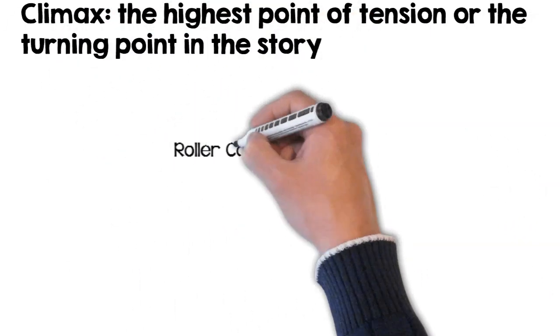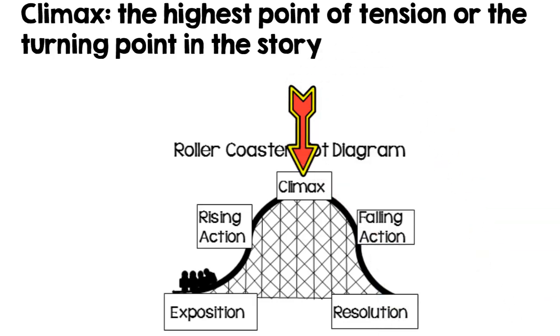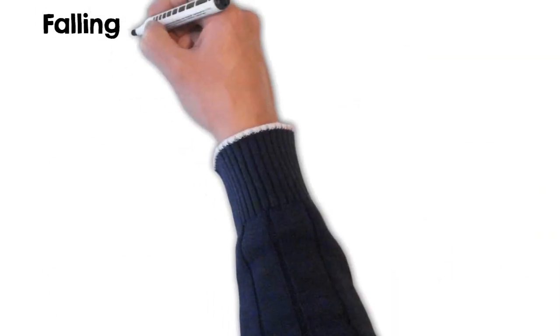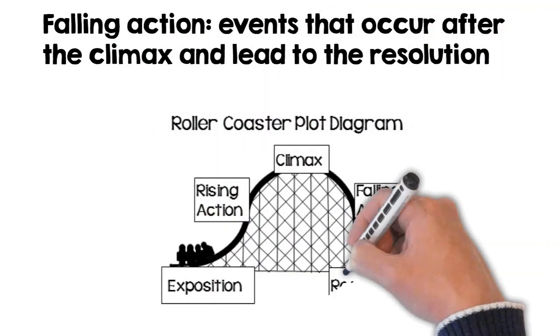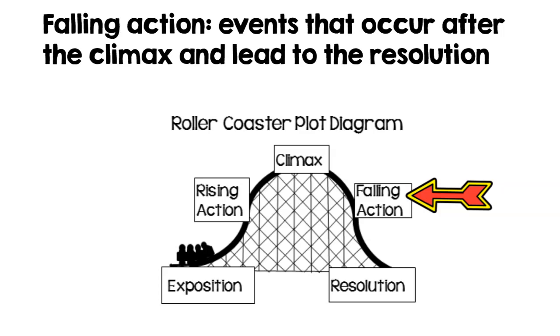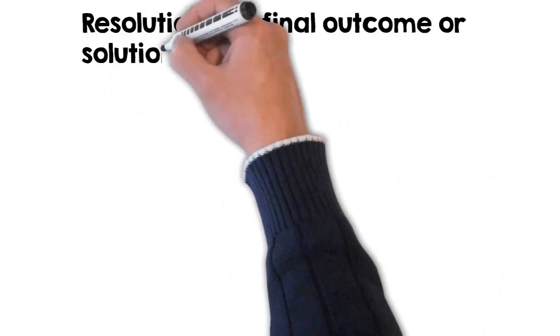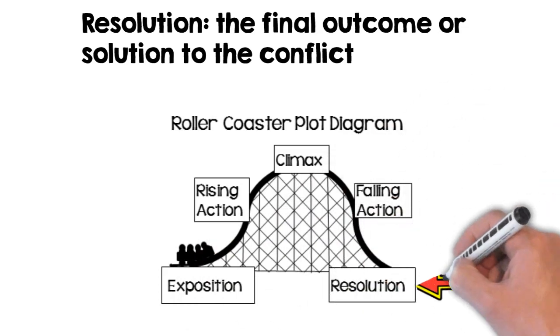Climax, the highest point of tension or the turning point in the story. Falling action, events that occur after the climax and lead to the resolution. Resolution, the final outcome or solution to the conflict.